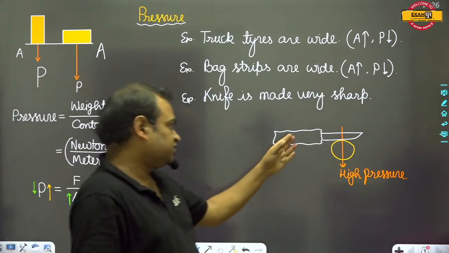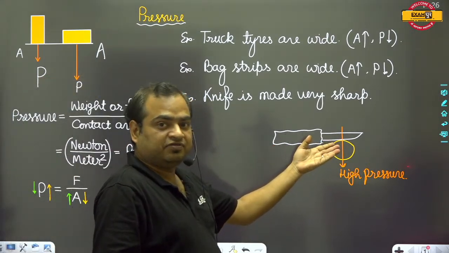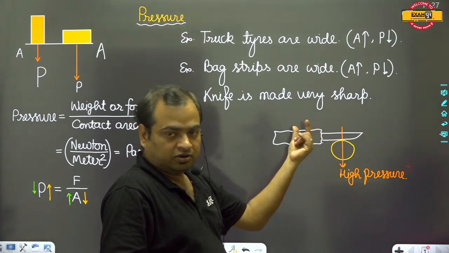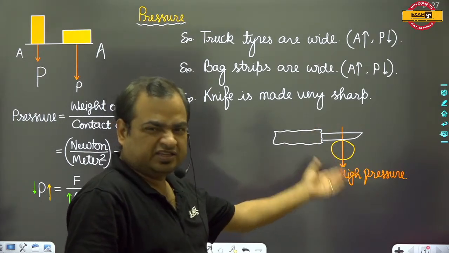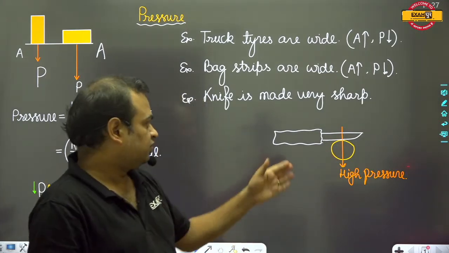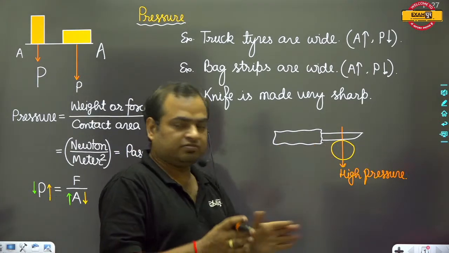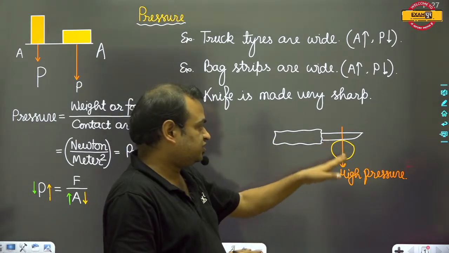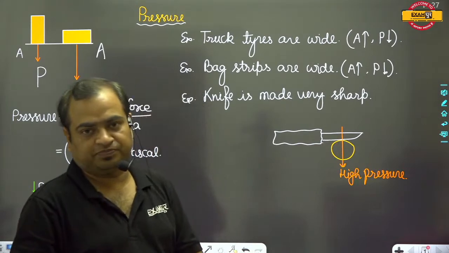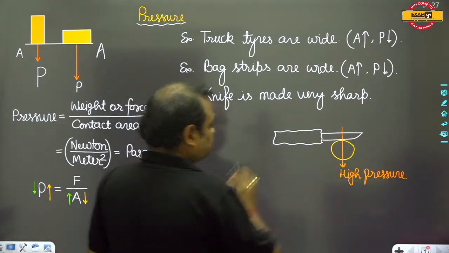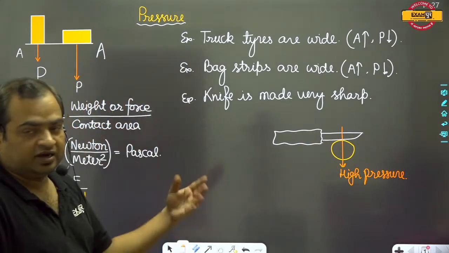High pressure means this knife will sink into this onion or potato or tomato very easily, and this onion will be very easily cut by this knife in this way. So these objects are very sharp, and the reason behind it is this.